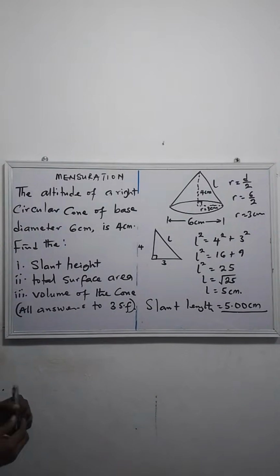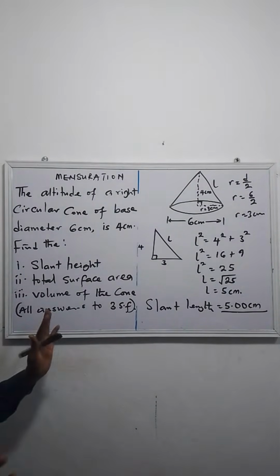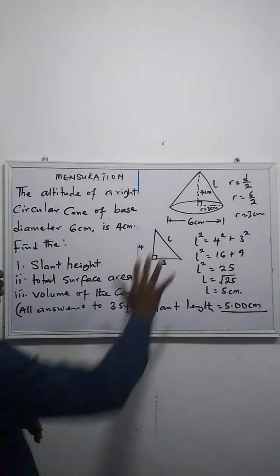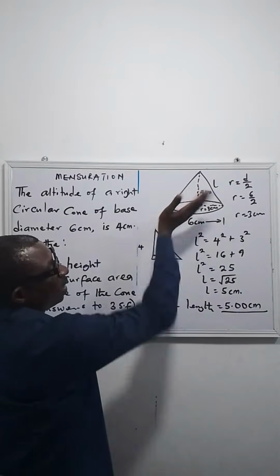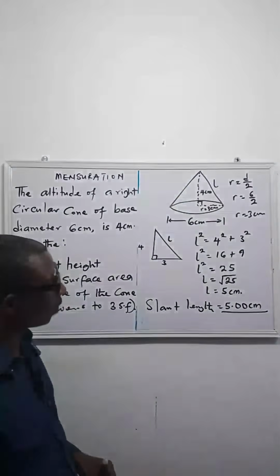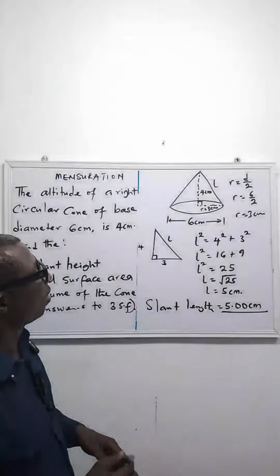So now let's look at the second part of the question. You have to calculate the total surface area. So the total surface area of this cone is going to be the curved surface area plus the area of the circle underneath. So can we do that now? All right.